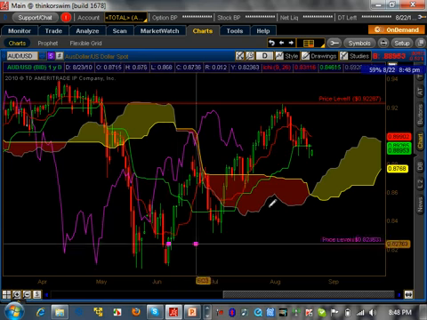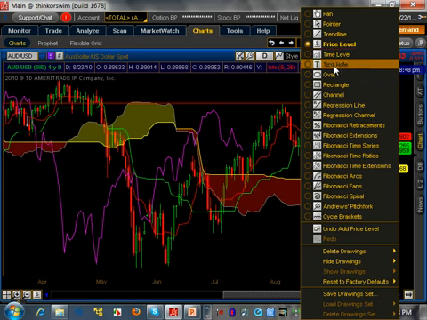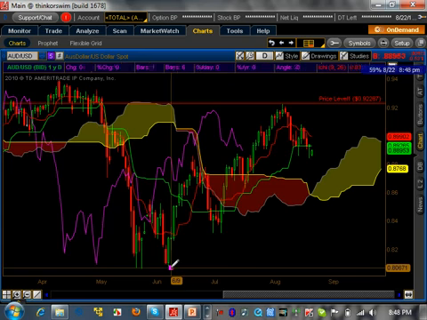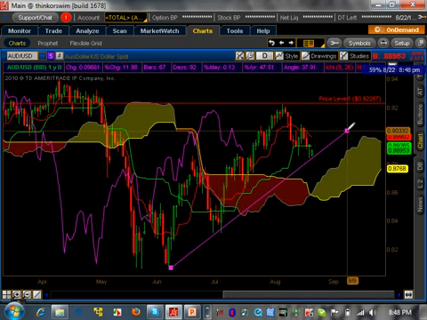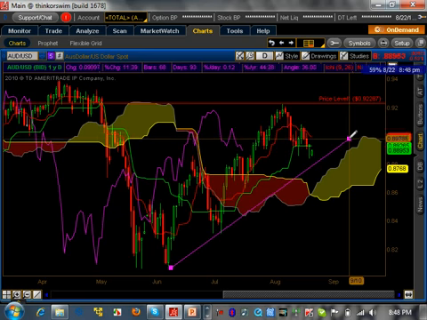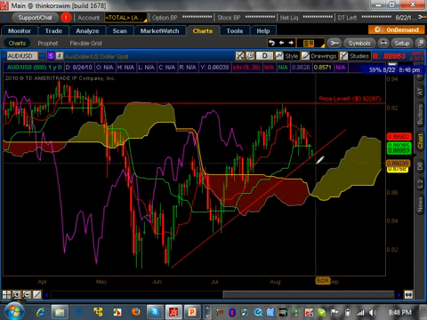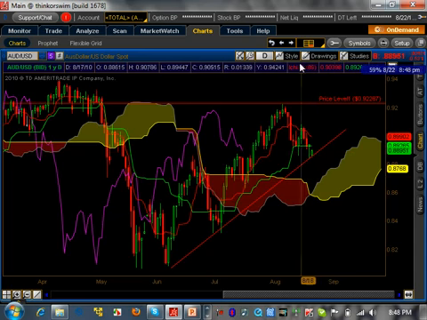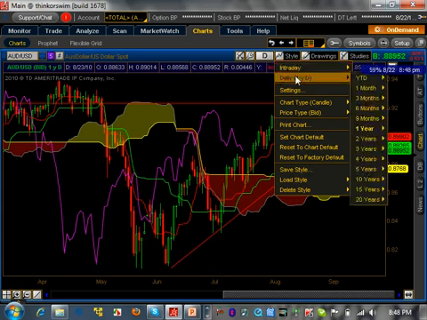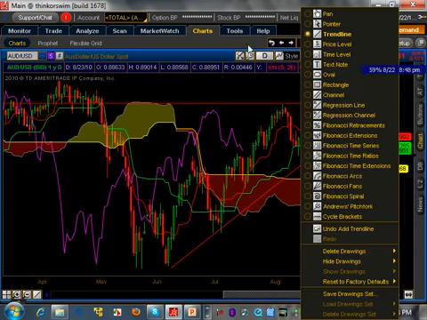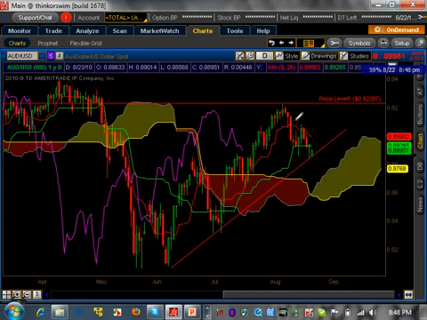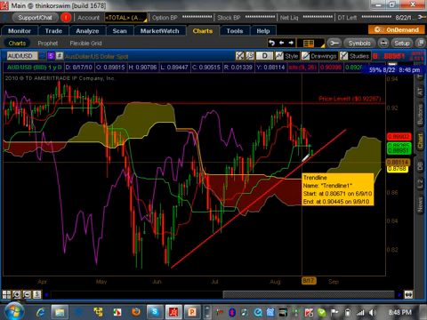If you are a person that draws trend lines, you could draw a trend line here, and you could see that it's within its trend right now. So let's wait and see what happens over that trend, but it does look like it's trying to get to the cloud and flip over, but time will tell. Again, you've got to wait and see what happens, but the lower time frames are starting to influence the higher to go to the bearish side.